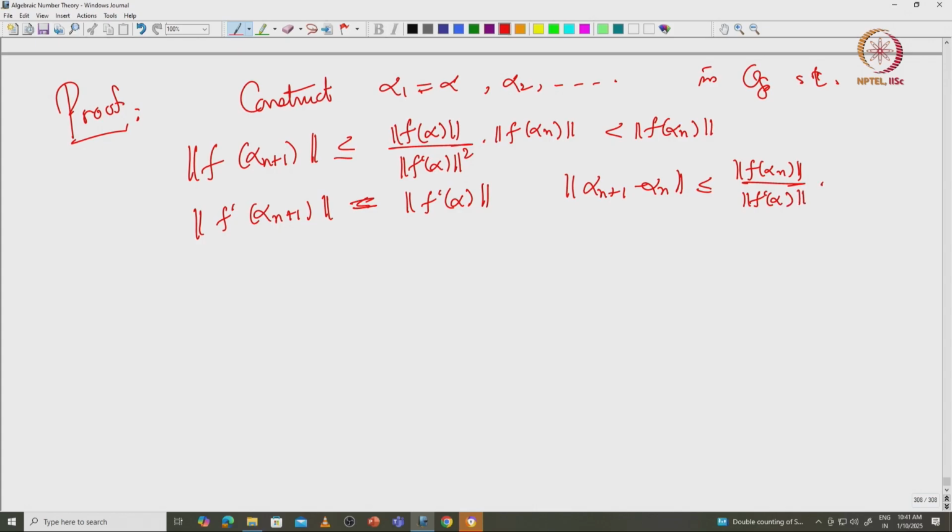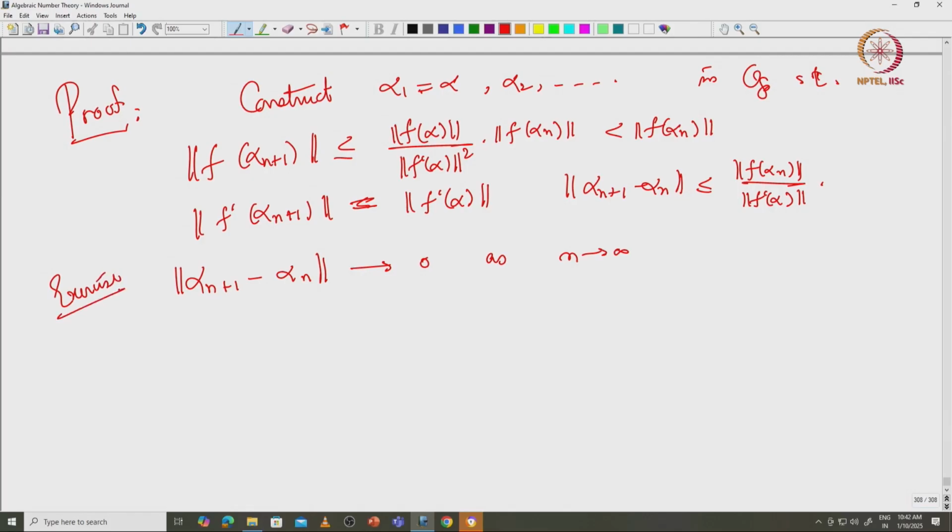So, because of the way things are set up, the valuation of alpha n plus 1 minus alpha n goes to 0 as n goes to infinity. Maybe you can take this as an exercise to deduce it from other things.